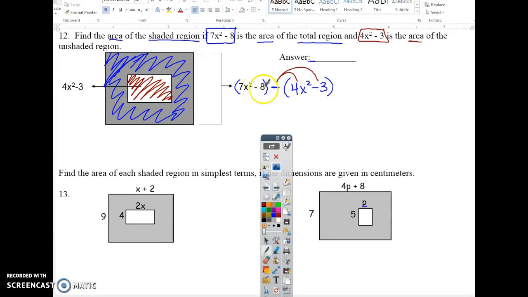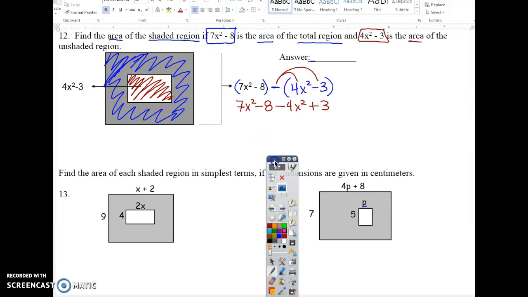Okay, so this comes down 7x squared minus 8. And this is going to change the sign. So negative times 4 is a negative 4x squared. And negative times negative 3 is a positive 3. And then you just combine, and that's going to be your answer.